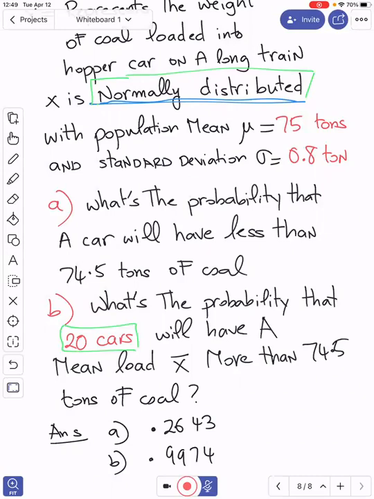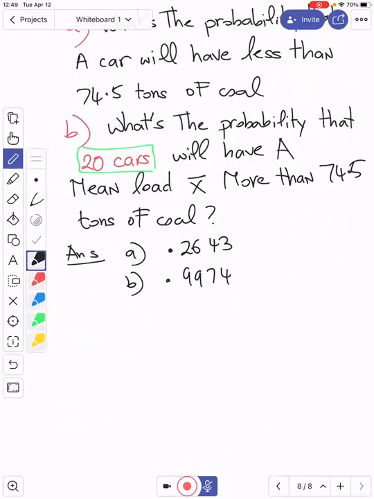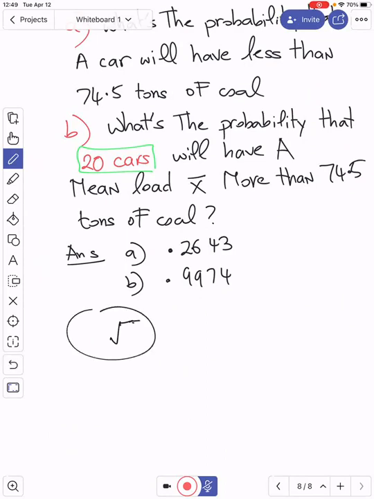If you enter 20 and then press this, what do you get?